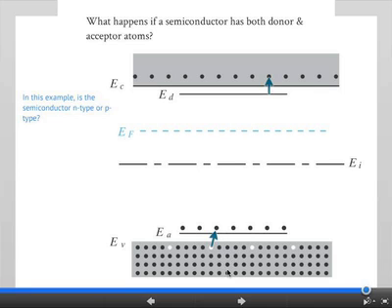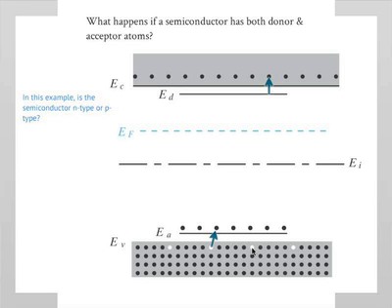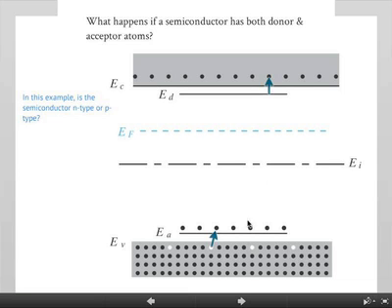The electrons from the valence band just jump up to the acceptor level, leaving holes behind. But in addition to this, something more can happen. You have a large number of electrons here, a smaller number of holes here. You can have a recombination of these electrons with these holes.